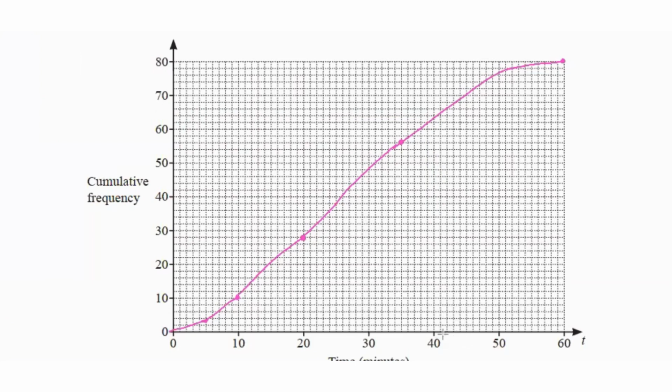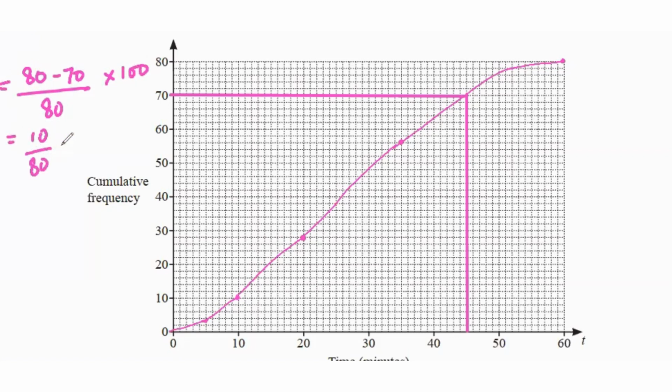I'm getting 80 minus 70 over 80 times 100, which is going to be 10 over 80.